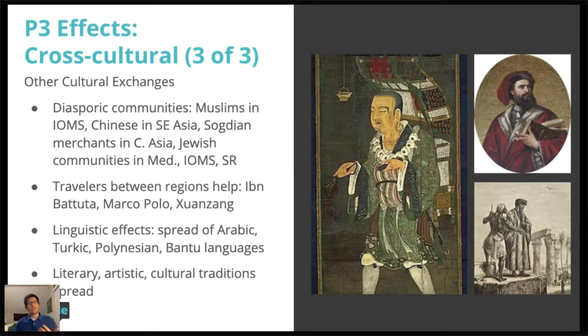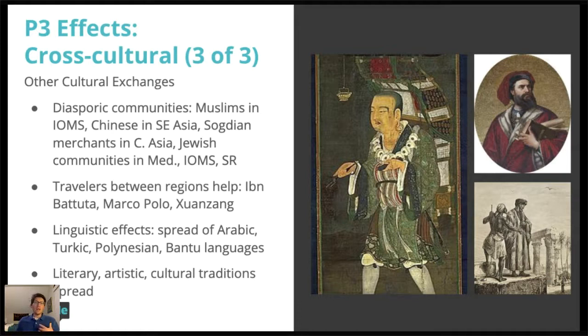But there are also Jewish communities, diasporic communities throughout the Indian Ocean maritime system, even along the Silk Roads, certainly in Eastern Europe, right? Especially if we kind of think about the massacre of Jewish communities by crusaders, right? We know they established communities in those regions.